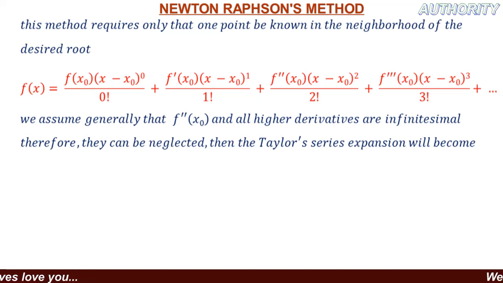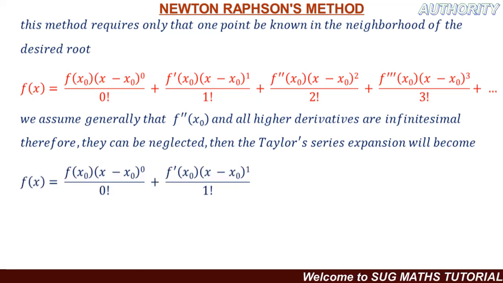So we say the second and other higher derivatives are very small, so we can neglect them. When we neglect them from the Taylor series, this is what we have: f of x is equal to this.